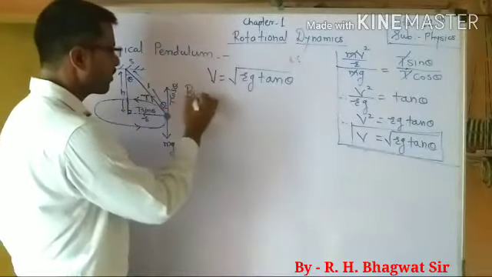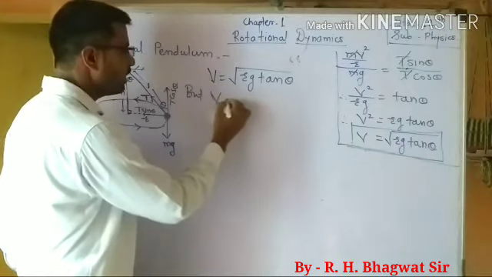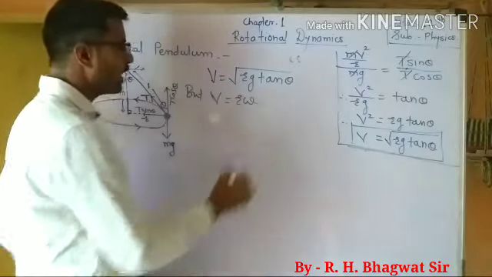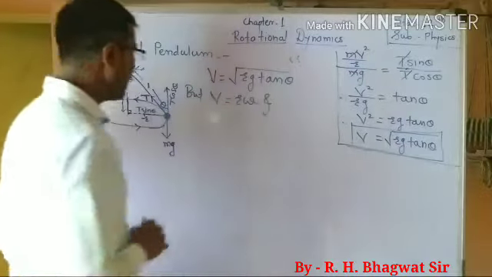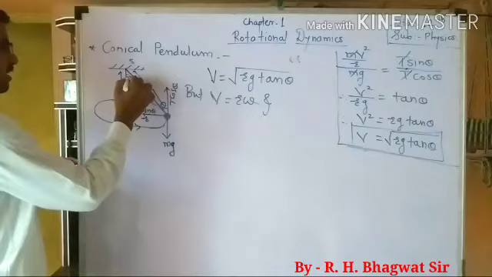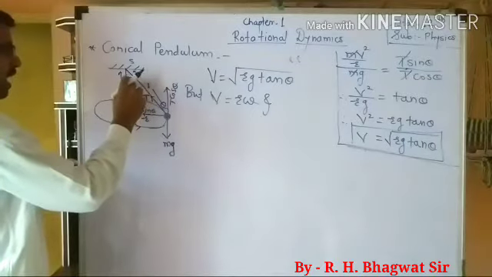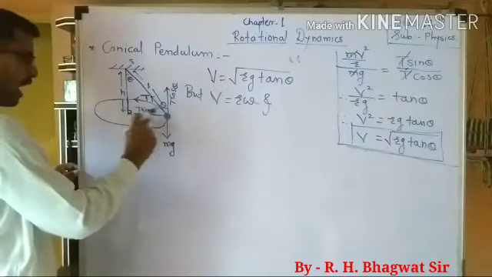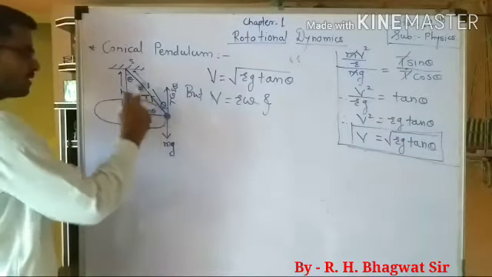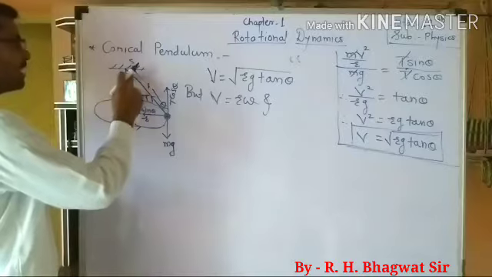But we know that the linear velocity v is equal to r into omega, radius times angular velocity. From the geometry of the figure, theta is the semi-vertical angle and this angle is 90 degrees, while r is the opposite side of the angle theta, and h is the adjacent side.